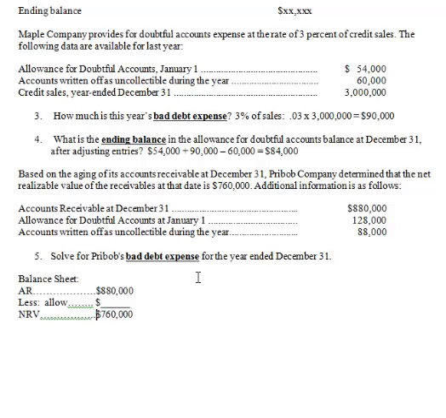Okay. So since we know accounts receivable, top number, and we know the net, we can now solve for what the ending balance in the allowance must have been by taking the 880 and the 760, and the difference between the two must be that allowance account. So 120,000 must be the ending balance in the allowance for uncollectible.